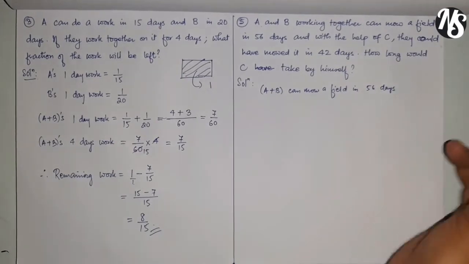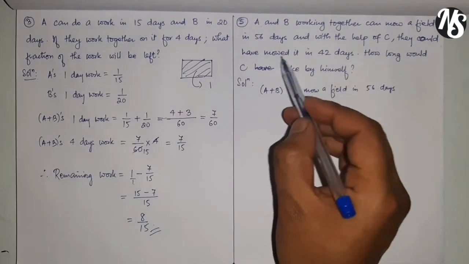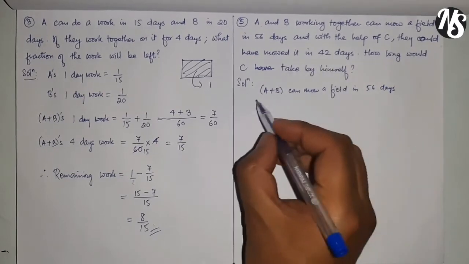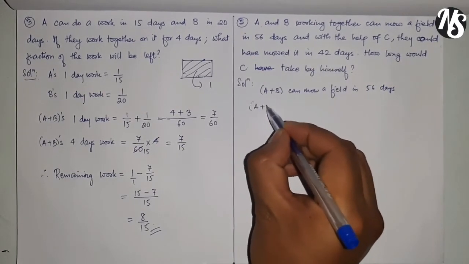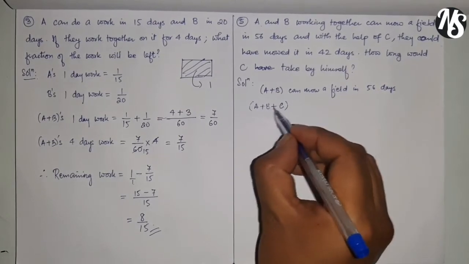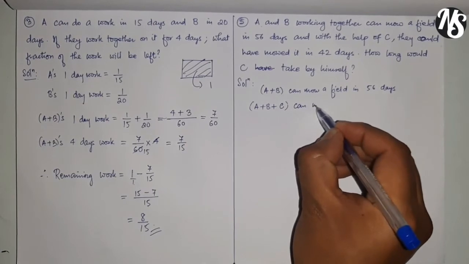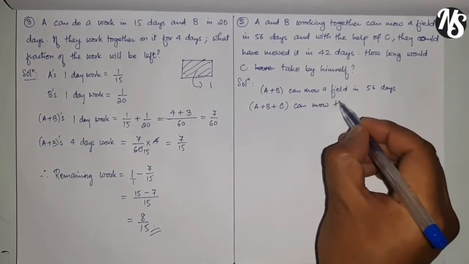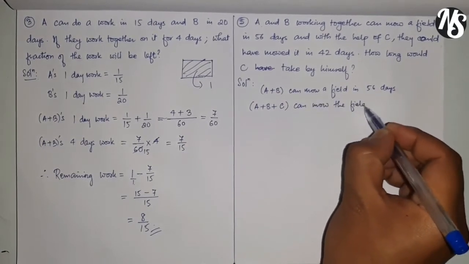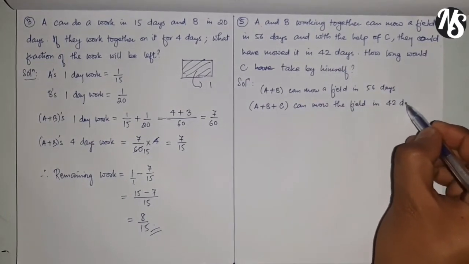Now with the help of C, meaning when C also joins, they could have mowed it in 42 days. That means A and B are already there. Now if C joins, then A plus B plus C together can mow the field in 42 days.